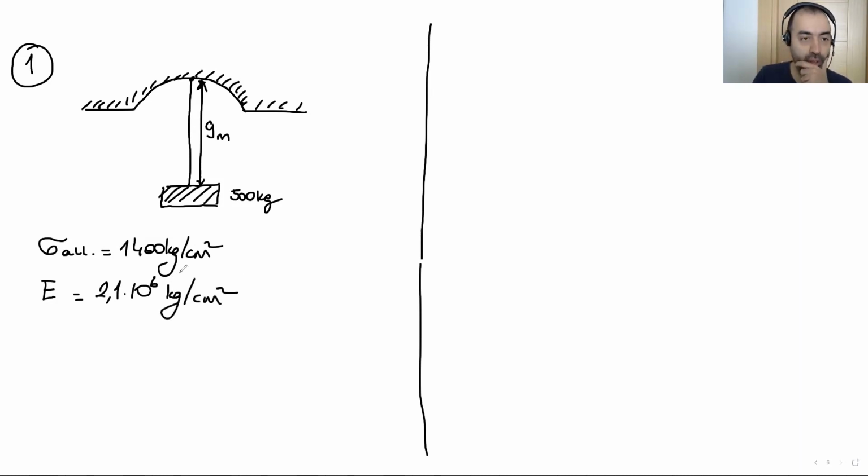Okay. Okay, we have a roof. As you can see, we have a roof, and we are hanging a chandelier which has 500 kilogram with a steel member which connects to this roof.